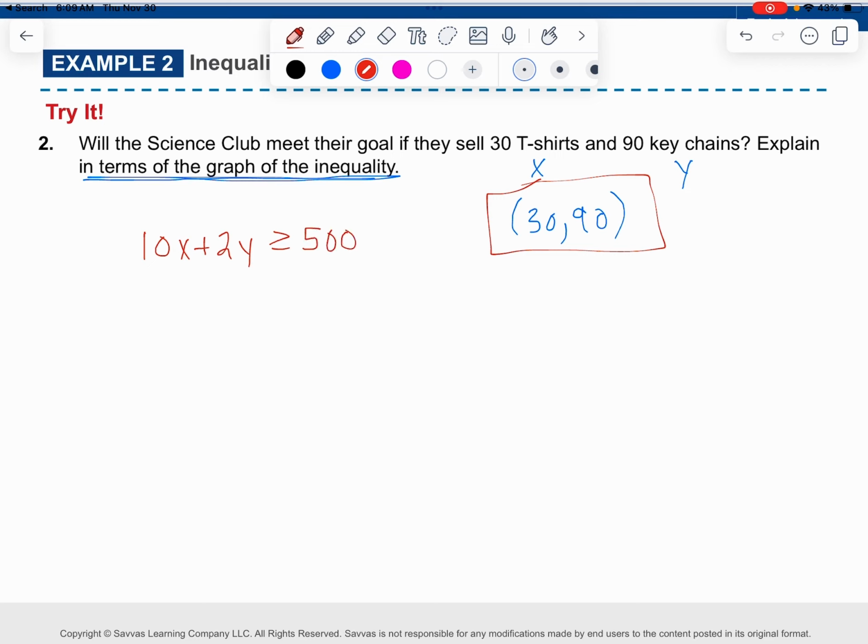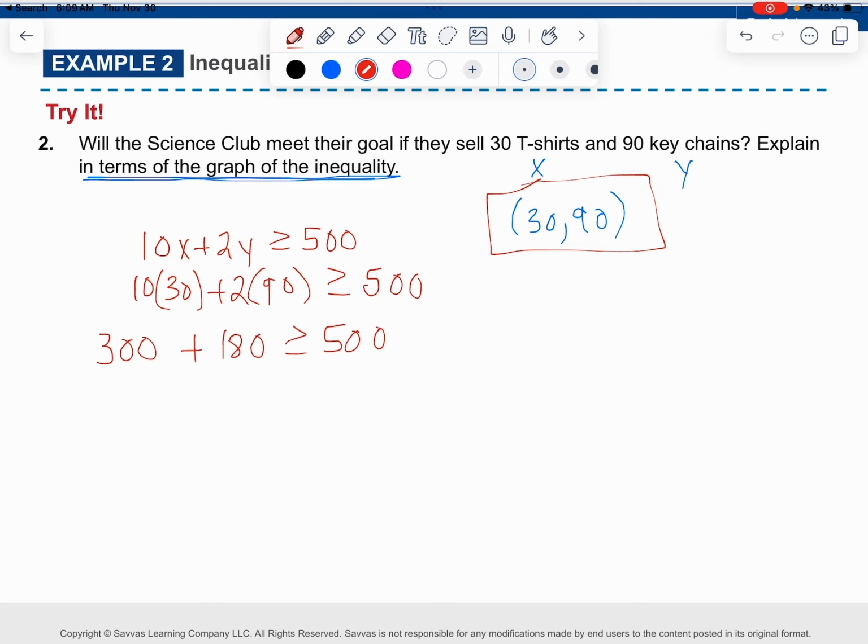Again, x is 30, so 10 times 30 plus 2 times 90, where y is 90, should be greater than or equal to 500. So we end up with 300 plus 180, which gives us 480, which is not greater than or equal to 500.